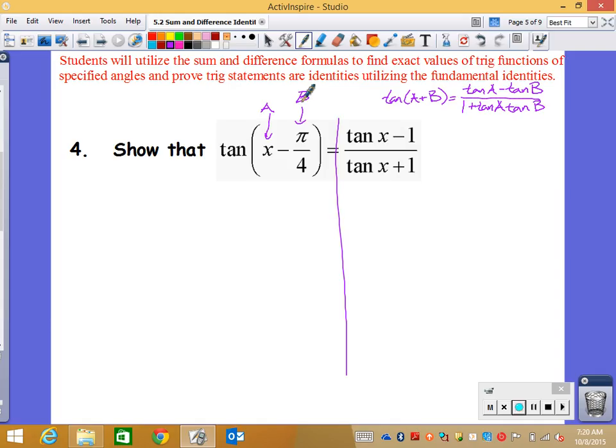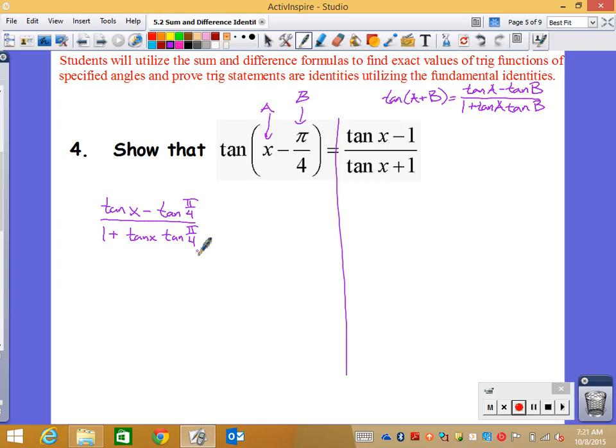So the left-hand side becomes tangent A, which is tangent x, minus tangent B, which is tangent of pi over 4. All divided by 1 plus tangent A, or tangent x, tangent pi over 4.